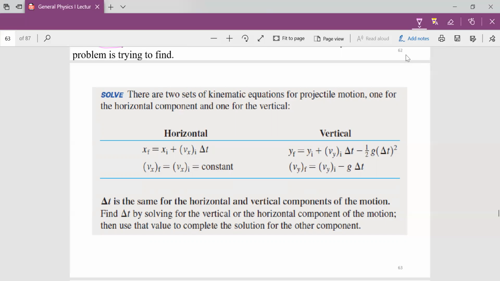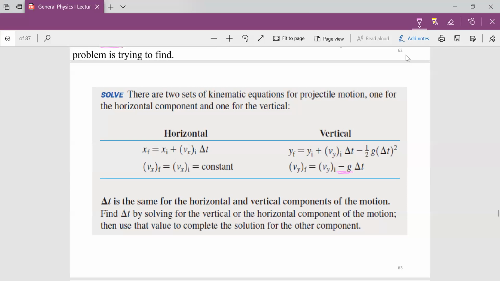It's the same thing, but the only thing that changed is the signs, because acceleration for projectile motion takes the same form as that of free fall, which is minus g.